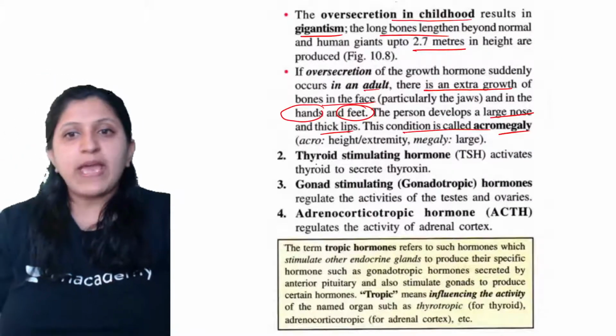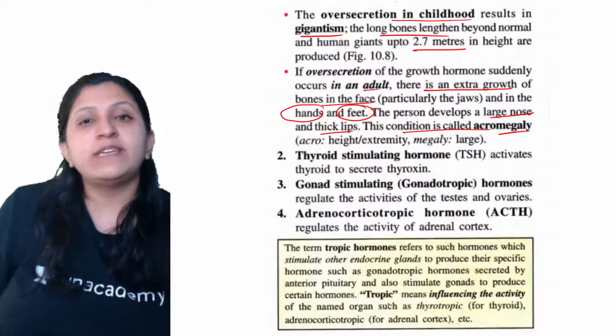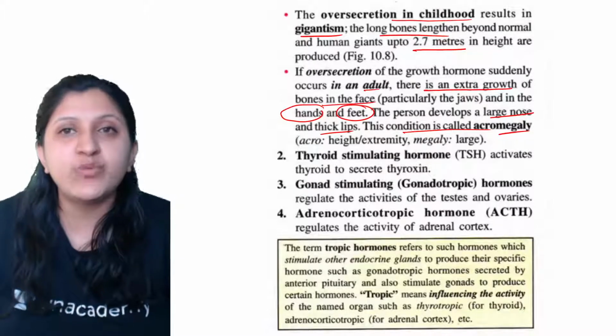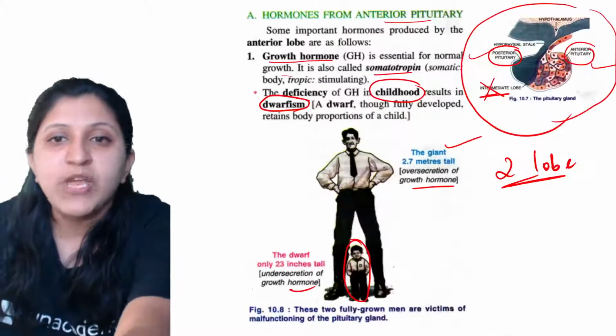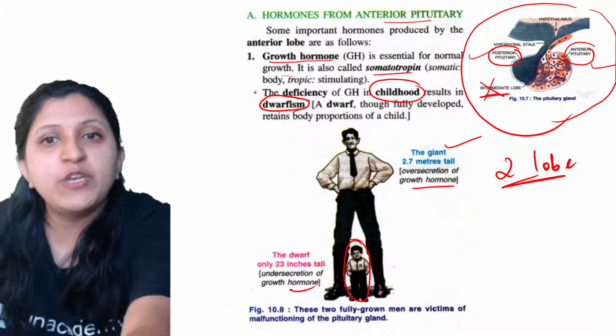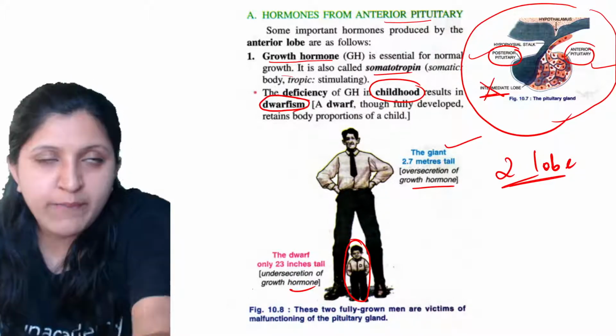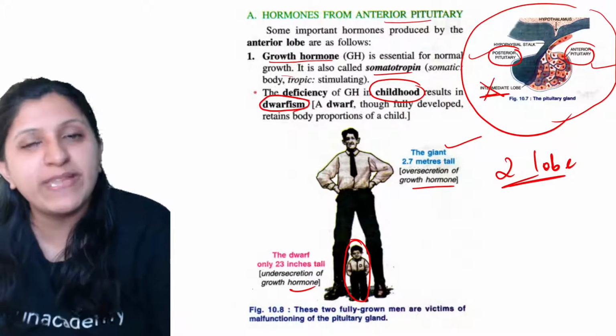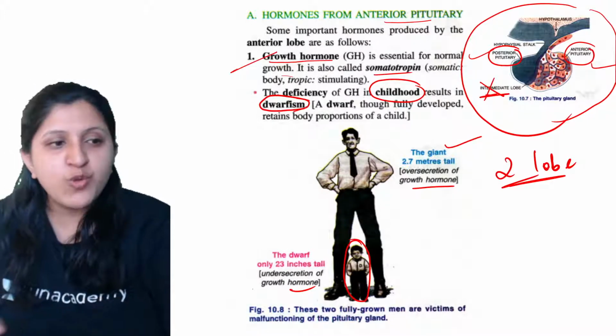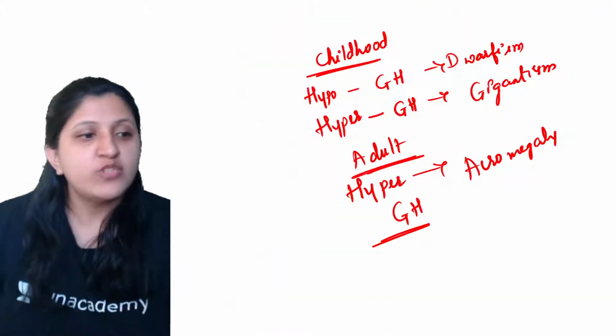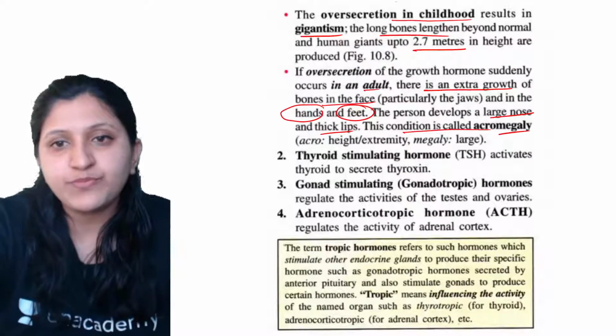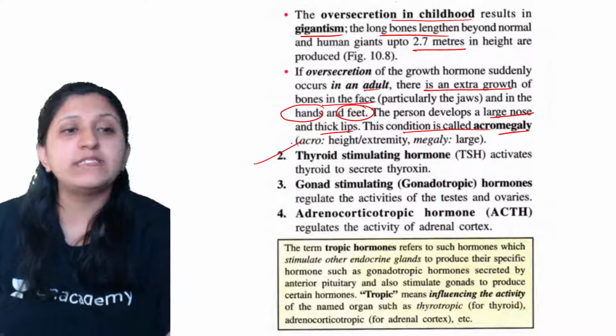So let's have a look at this now. Thyroid stimulating hormone. So what exactly happens with the anterior pituitary? The hormones which are produced by the anterior lobe: one is growth hormone that you studied, and the next one is thyroid stimulating hormone.